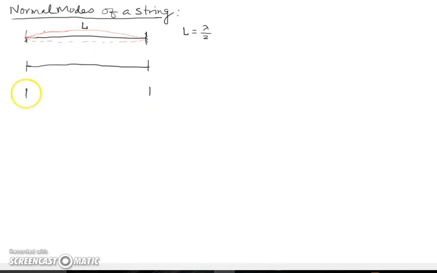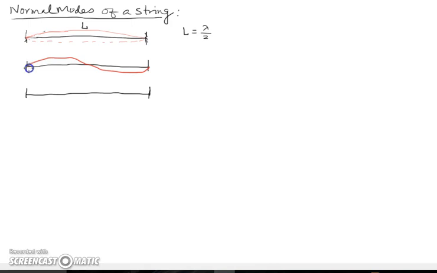So different situations I'm going to draw. This is again my string length. All right, okay, so L, length of the string, can have a situation like this. This is lambda over 2, or it can oscillate with, these are nodes, so these fixed ends must be nodes, and it can oscillate like this.